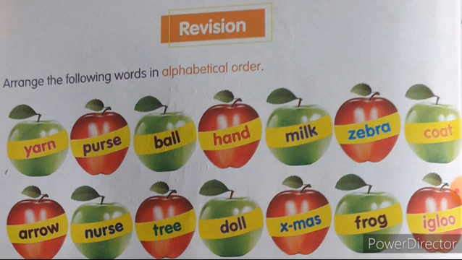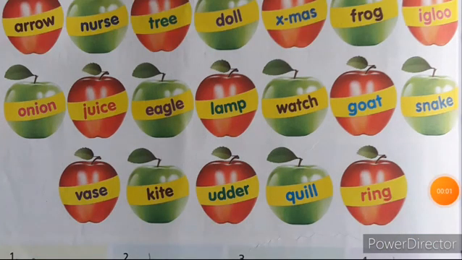Next, purse, ball, hand, milk, zebra, coat, arrow, nurse, tree, doll, Xmas, that is Christmas, frog, igloo, onion, juice, eagle, lamp, watch, goat, snake, vase, kite, udder, quill, ring. These are the words given.